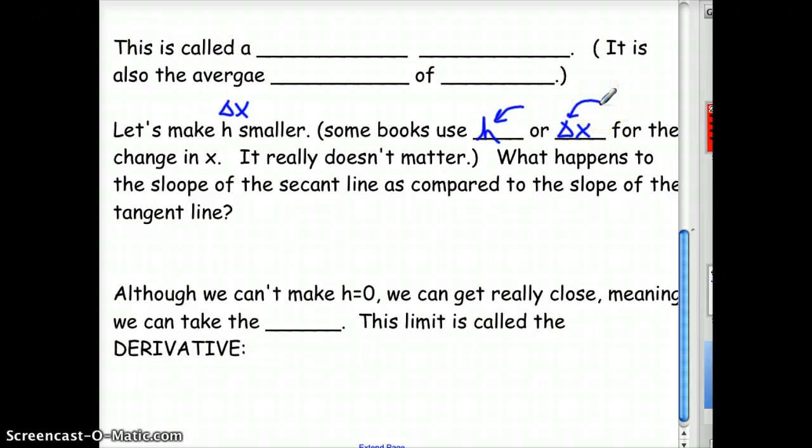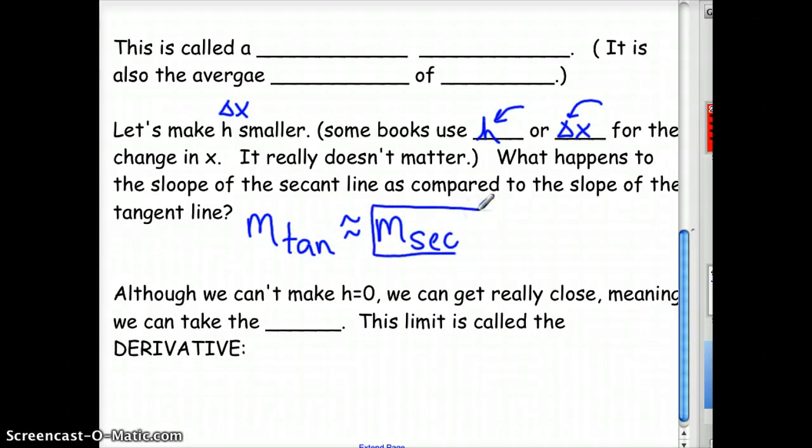The slope of the secant line, compared to the slope of the tangent line, gets really close as h gets smaller. If we can make h smaller and smaller as we calculate the secant line, which we talked about as the limit, we'll get a really good answer for the tangent line.